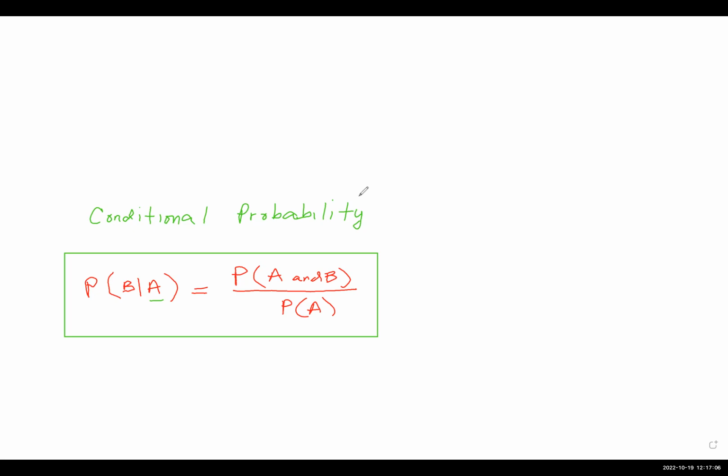All right, so we would call it conditional probability, and this would be the formula. In this part, we read this as the probability of B given A has already occurred.